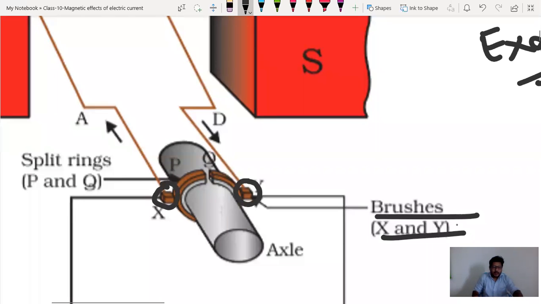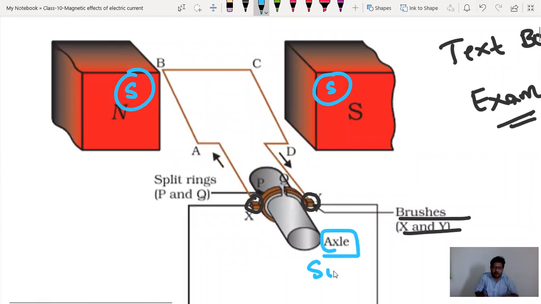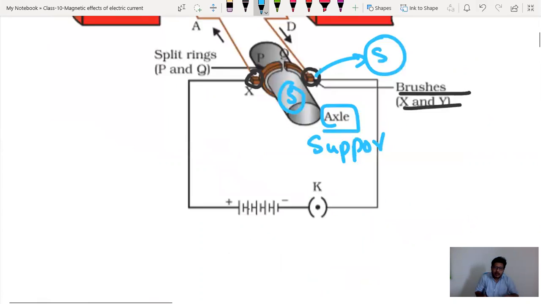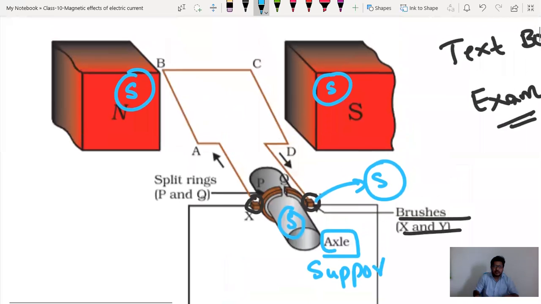You see here, which one is static and which one is the rotating part, we'll discuss. This magnet is static, this magnet is static, this axle, the support, is static, these brushes are static, and this battery is also static.